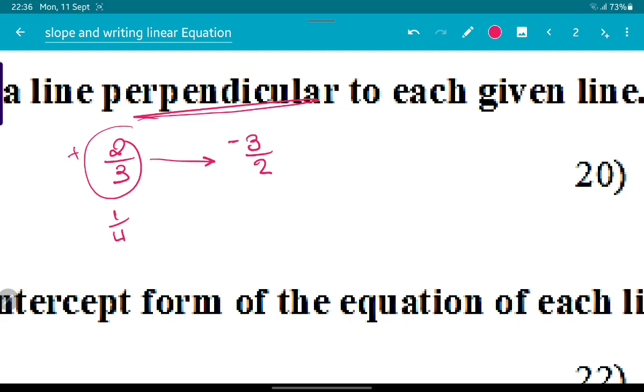If we have 1 over 4, flip this to be 4 over 1, but with a negative sign. 2 or negative 2, flip this to be 1 over negative 2, but instead of negative, it will be positive half. One of them is negative and the different one is positive. What about 1? We flip this to be 1 over 1, but with a different sign.